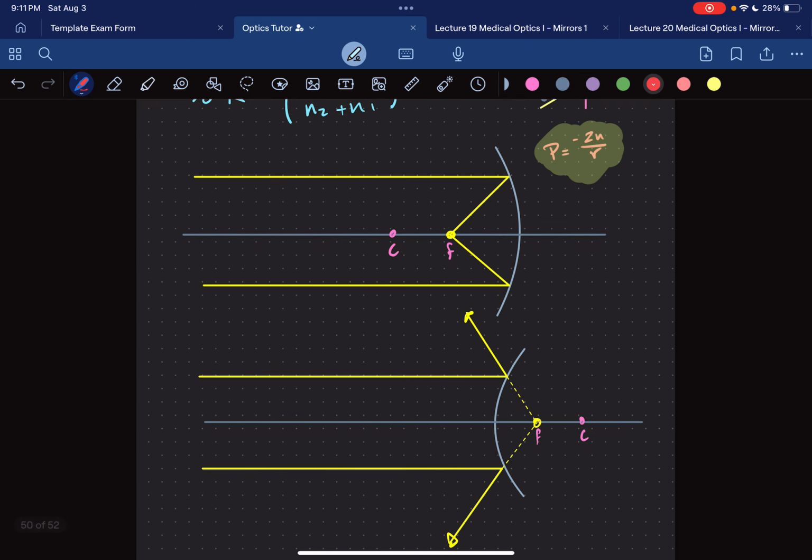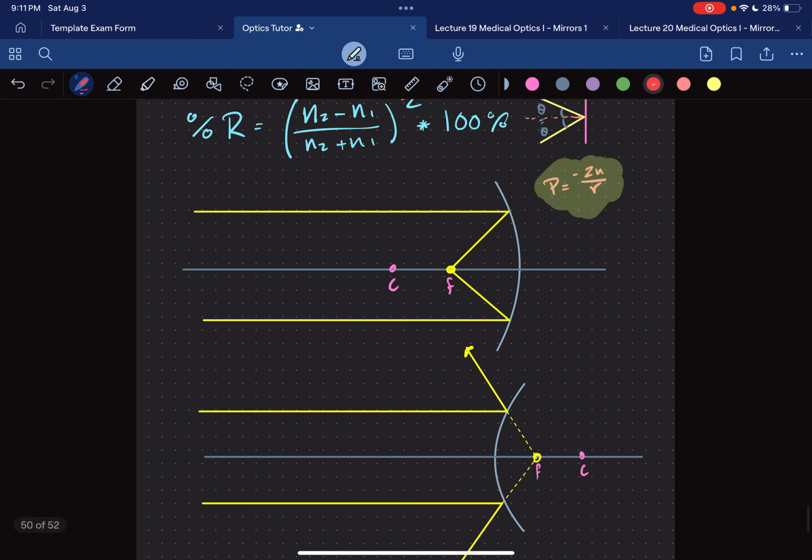This first one is concave, and unlike our concave lenses, these mirrors are going to converge light. Concave, converge. Because of that, when we find the power of a concave mirror, it's going to be a positive power.